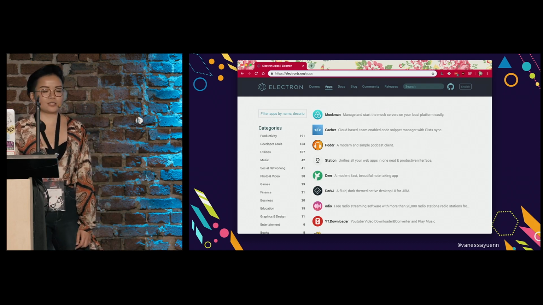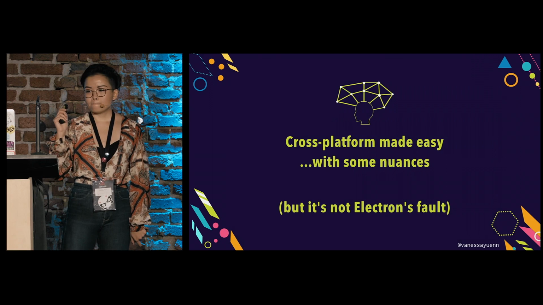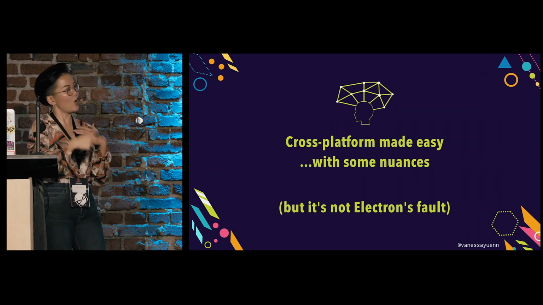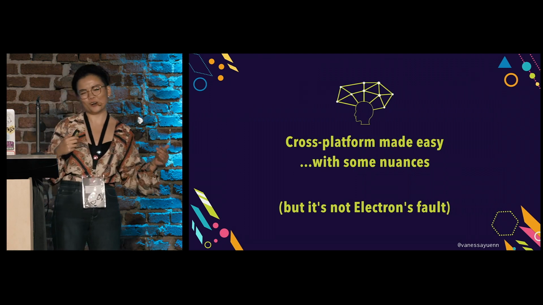So this might come as a surprise to people just getting into Electron development. The cross-platform build does not happen automatically, and it's not that cheap to set up either. But I want to take a step back and say that this is kind of beyond Electron. I don't think it's Electron's fault, per se.